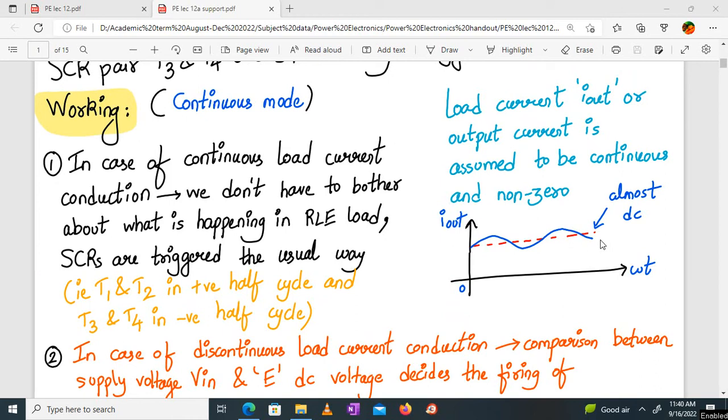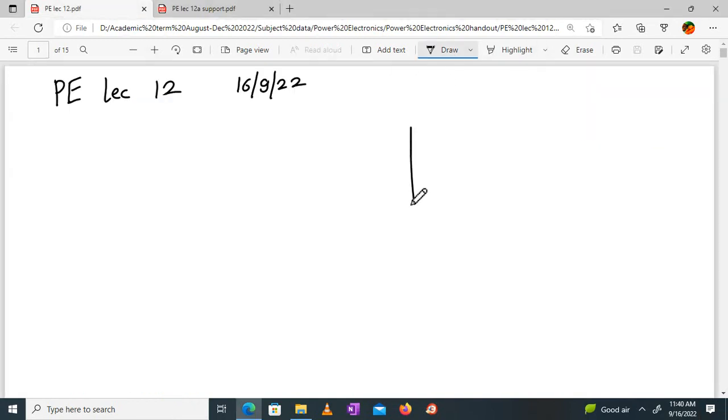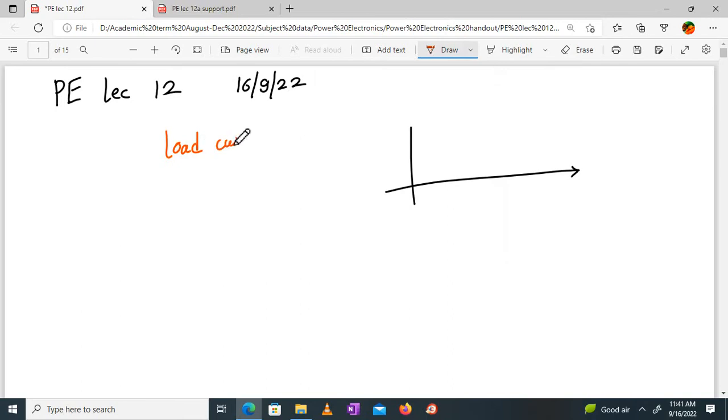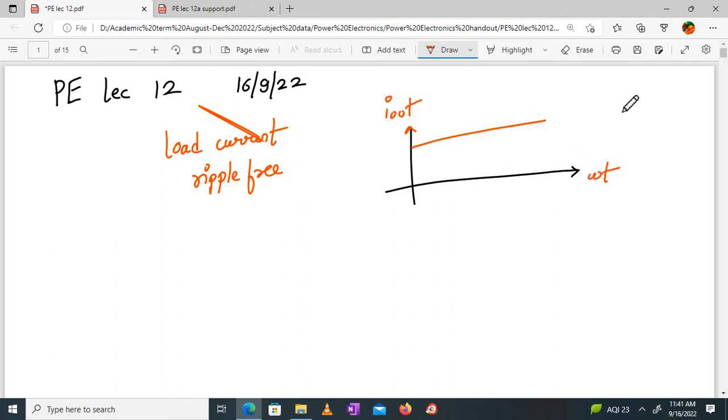If in the numerical in the exam they say the load current is ripple free and almost constant, meaning the load current is something like this, then the output current is constant. So this is my I out versus omega t, constant.